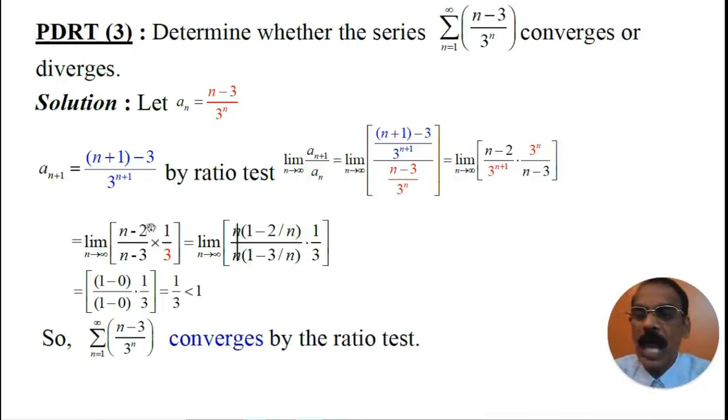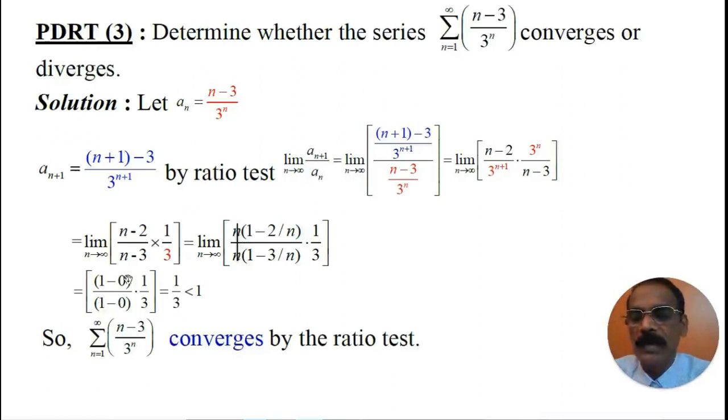Therefore, take n out from n-2. Similarly, in the denominator, take n out from n-3. When you take n out, we get n into (1 - 2 by n) divided by n into (1 - 3 by n) into 1 by 3. This n gets cancelled. Therefore, when you apply limit, 2 by n tends to 0, 3 by n also tends to 0, and hence we get (1-0) divided by (1-0) into 1 by 3.